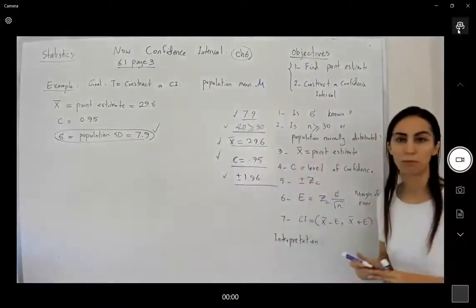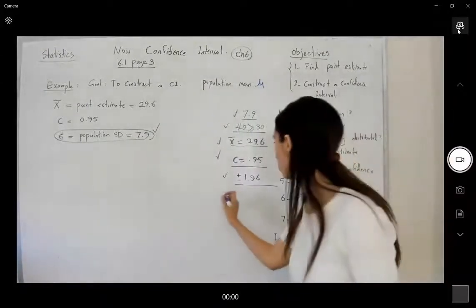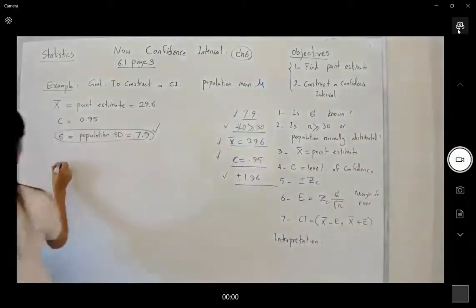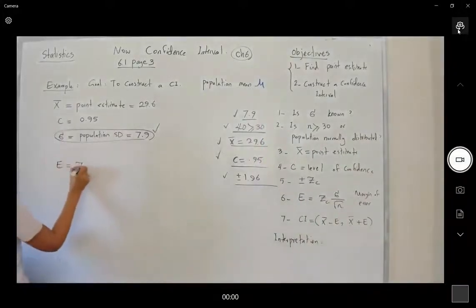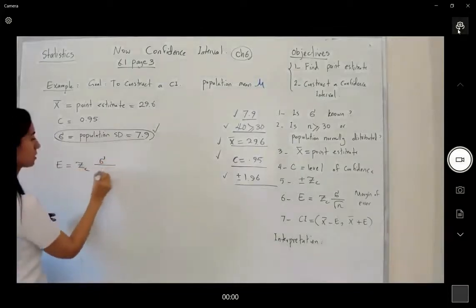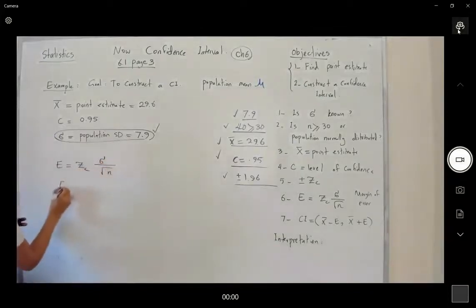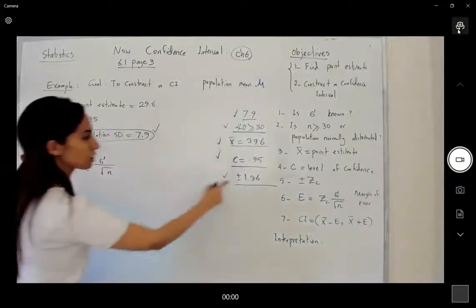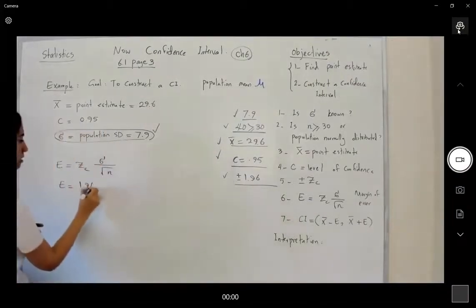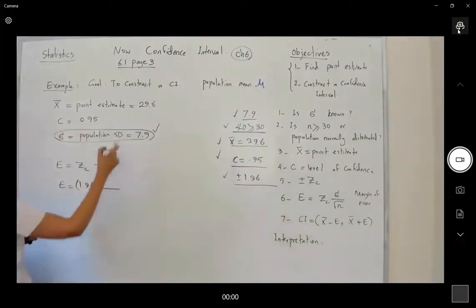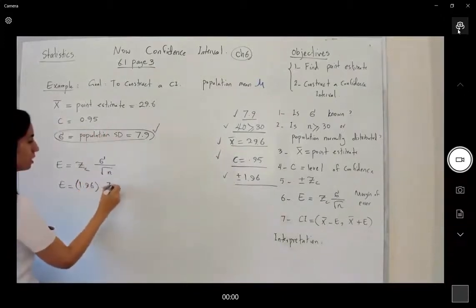Now let us construct the margin of error. E, margin of error, is equal to Zc. Remember that we're using the positive one, times sigma divided by square root of n. So margin of error is Zc, which is equal to 1.96 times sigma, which is 7.9, divided by square root of 40.